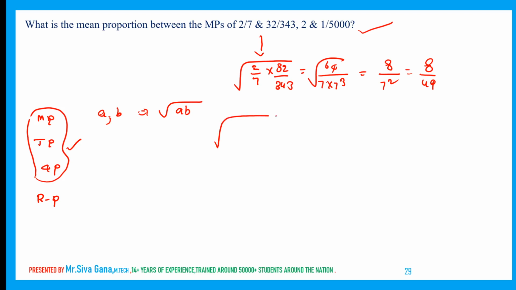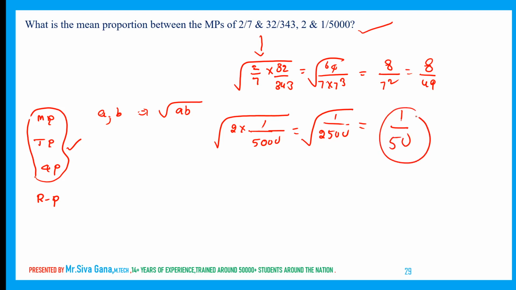Next, mean proportion of the next two terms. That is 2 into 1 divided by 500, which is nothing but 1 divided by 2500, which is nothing but 50 square. That is 1 by 50. Now we need the mean proportion of these two, which is again nothing but 8 by 49 into 1 by 50, which is 2 4s, 2 25s.